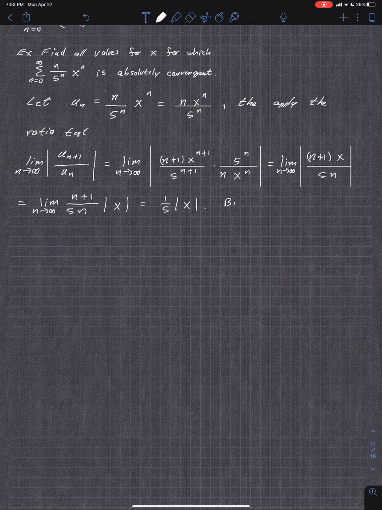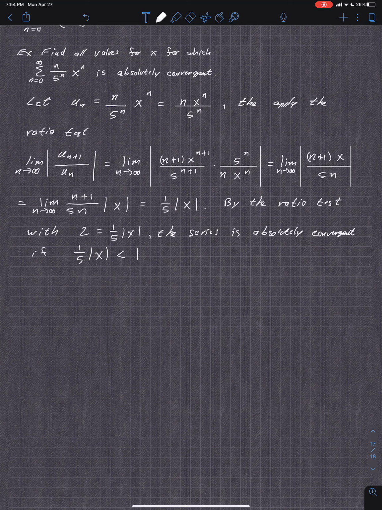Right, so we'll look that up. By the ratio test, the series is absolutely convergent if L, with L equal to 1/5 absolute value of x, is strictly less than 1, or absolute value of x is less than 5.